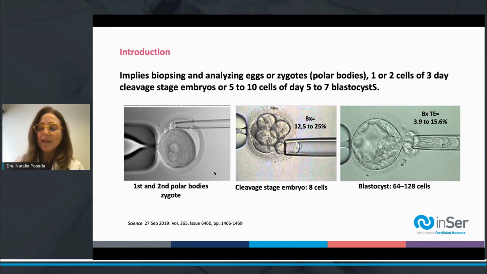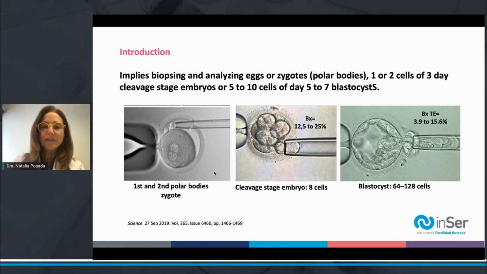Because the cells taken from blastocysts not only do not come from the embryo proper, but because the percentage of analyzed cells is less compared to the total amount of cells that a blastocyst contains, it is believed today that blastocyst biopsy is less detrimental to the embryo than biopsies on day 3.